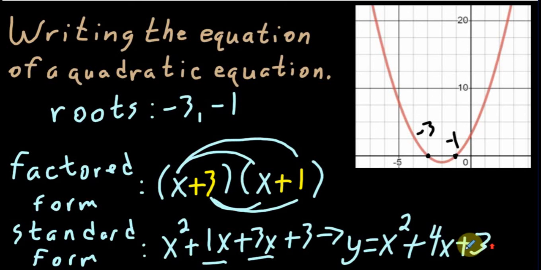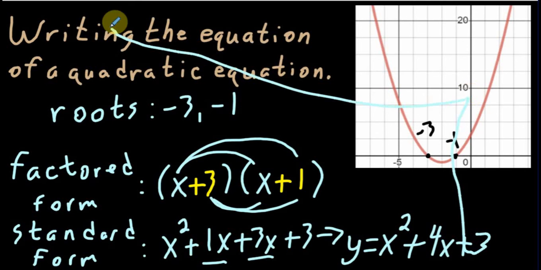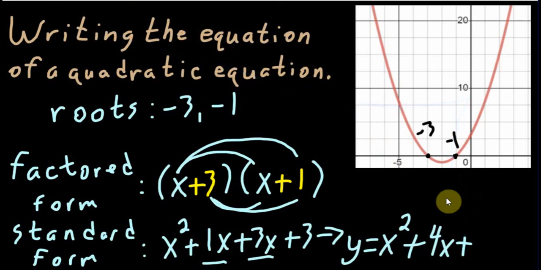Okay. Now, let's try that again. Now we have the equation of this quadratic. Again, it has an x squared in it, so you know it's going to be the shape of a quadratic. And I believe I have one more example for you guys.